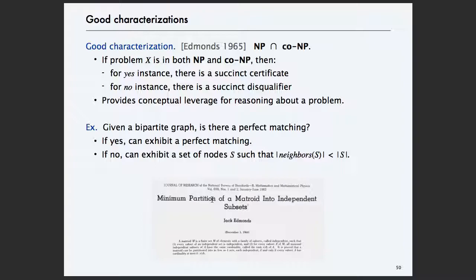So for example, given a bipartite graph, is there a perfect matching? We can show that there is by giving you a perfect matching. We can also show you no by giving you a set such that the size of the set of neighbors is less than the size of that set. And that will mean that there is no perfect matching.